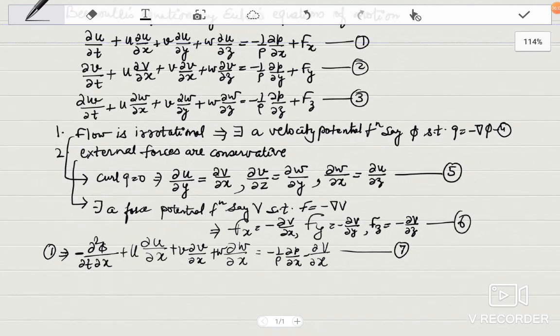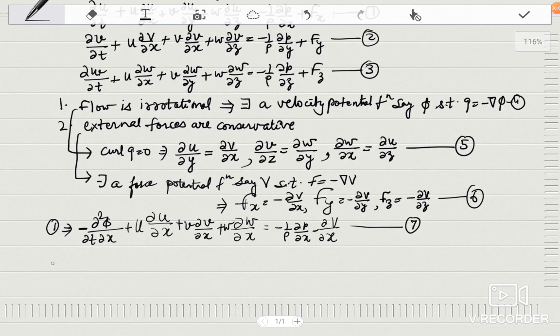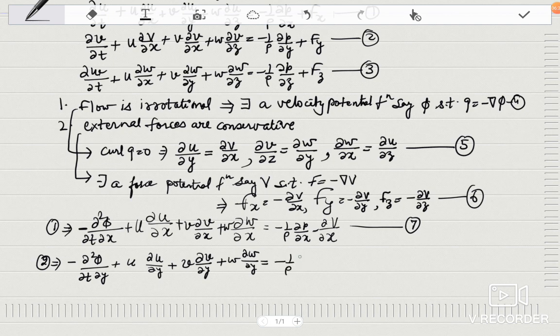Now symmetrically, I would try to write the other equations. Equation 2 will imply minus ∂²phi/∂t∂y plus u ∂u/∂y, v ∂v/∂y, w ∂w/∂y, equal to minus 1 upon rho ∂p/∂y and minus ∂V/∂y.